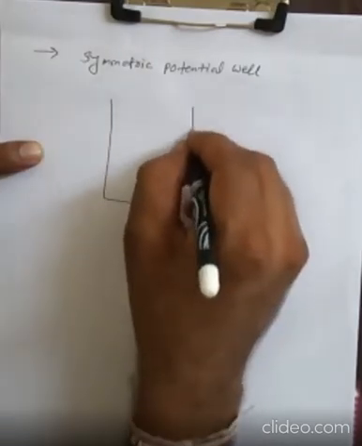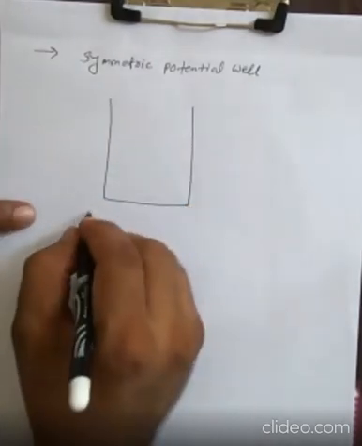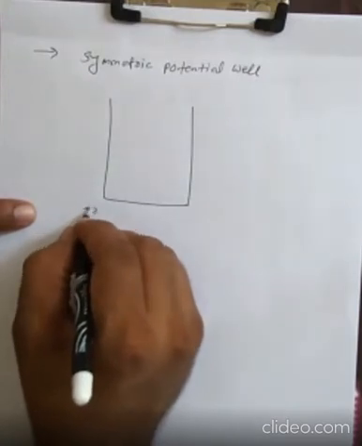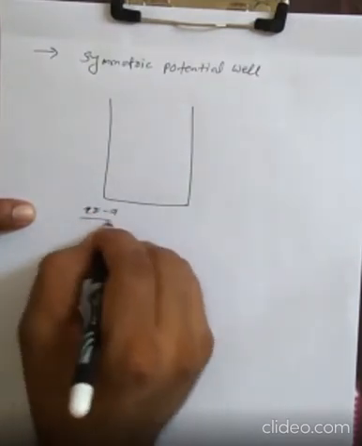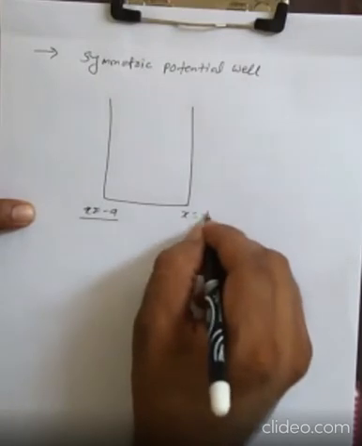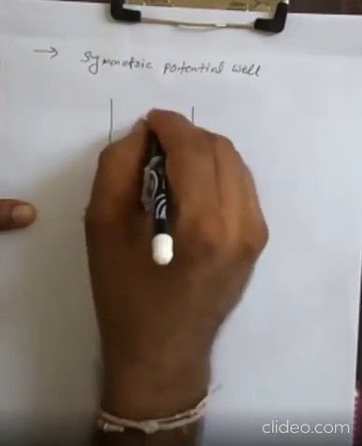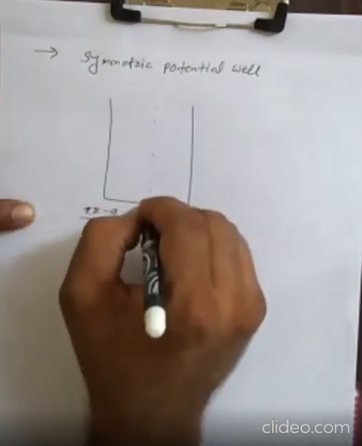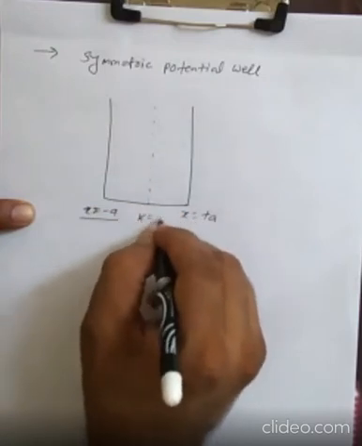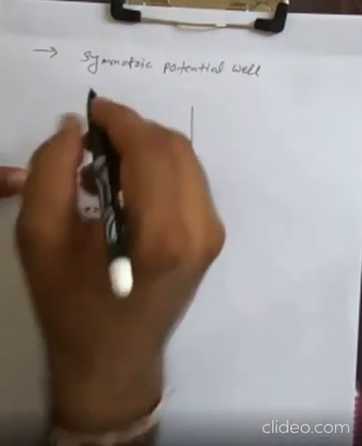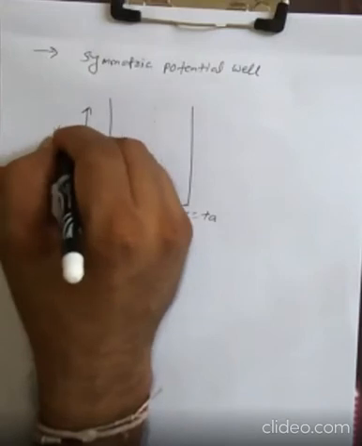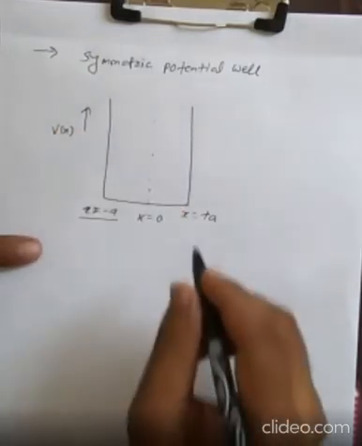So I draw the potential well here. The center of this potential well is at x equal to 0. Then this is the potential axis.